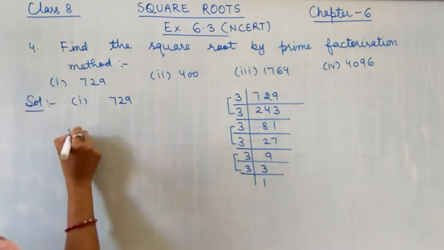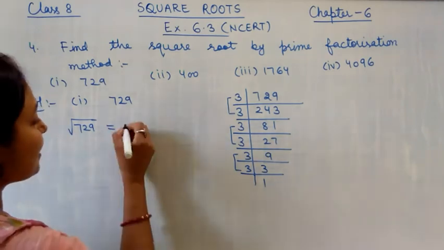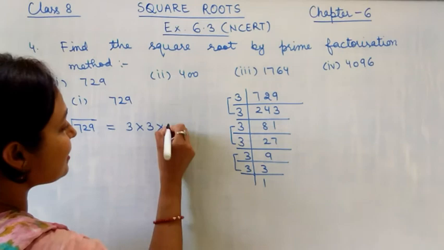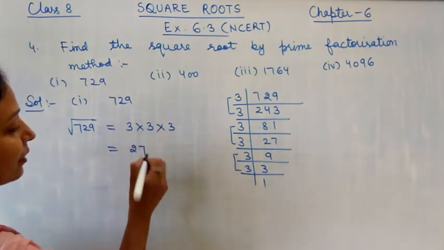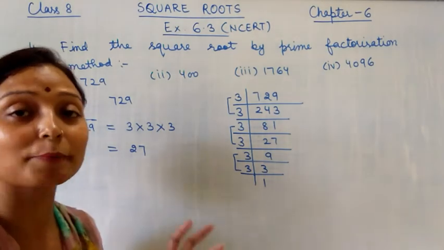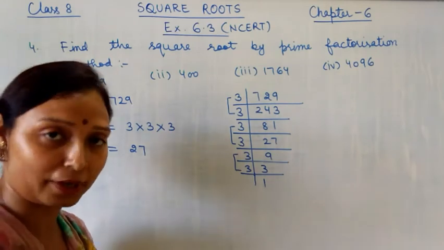The square root of 729 equals 3 into 3 into 3, that is 3 3s are 9, 9 3s are 27. So this is the way to find the square root by the prime factorization method. It takes less time as compared to the subtraction method.